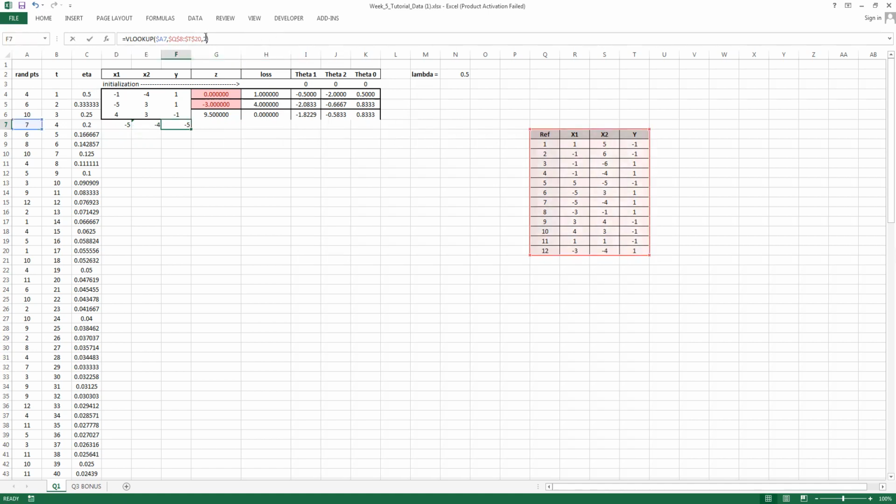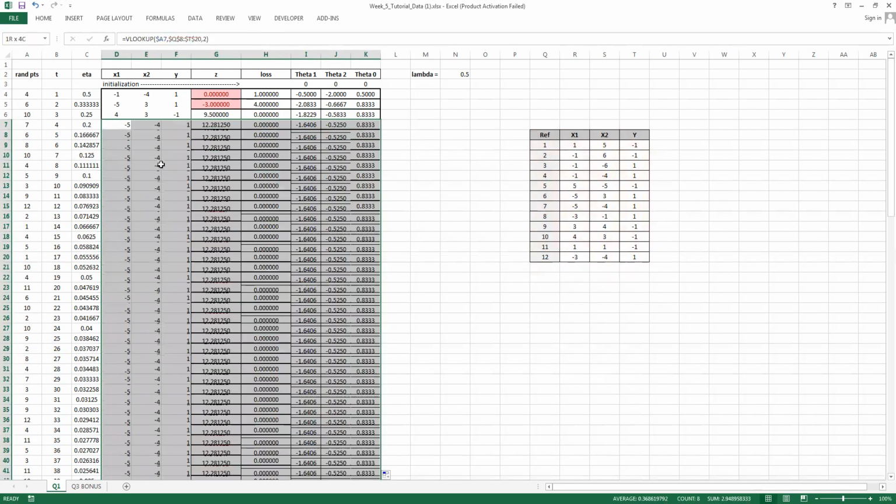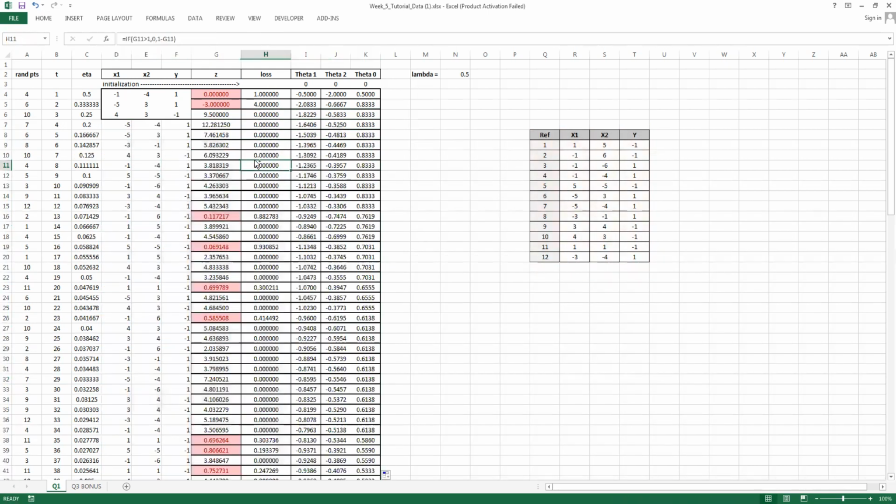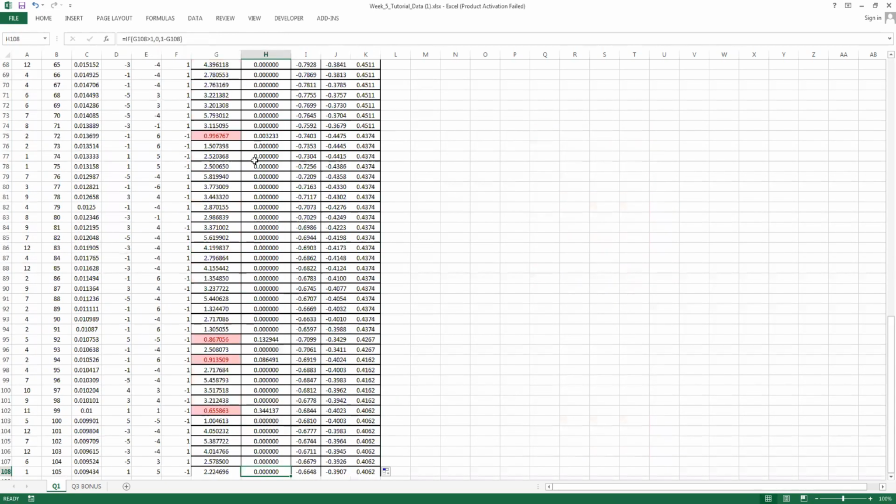And then change the 2 to a 4 because I want the fourth column for y. With that done, and then copy pasting this down, I now have everything ready to go. This whole thing can just copy and paste all the way down, and I get updates all the way down, as many rows as I like.